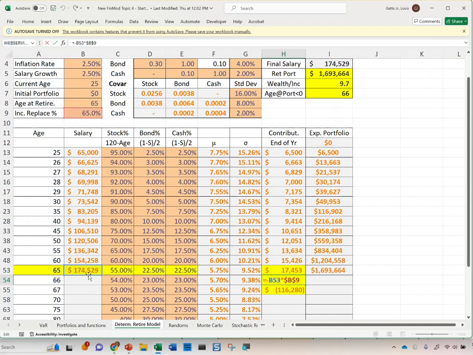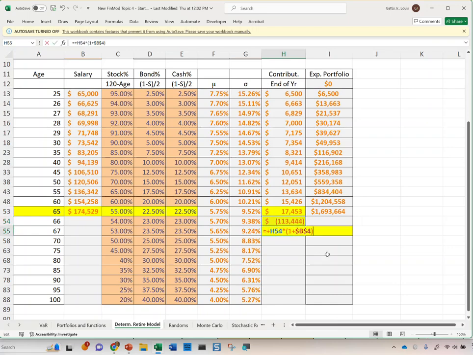So notice it's just 65% of my $174,000. In theory, that's how much I need to live on to have this similar kind of consumption pattern throughout my life. But then I have that withdrawal amount, $113,000. I'm going to have that grow with inflation. So I can now copy this down.